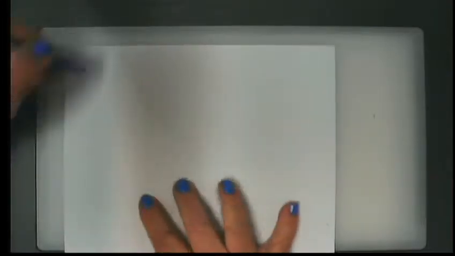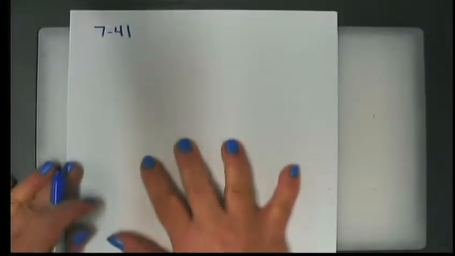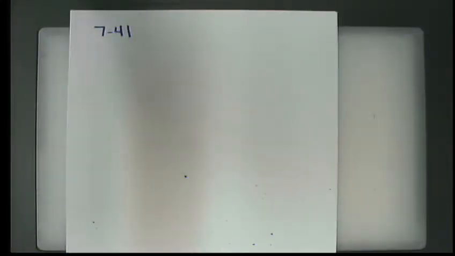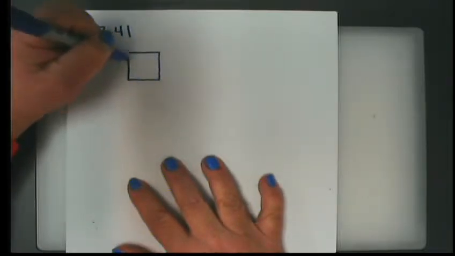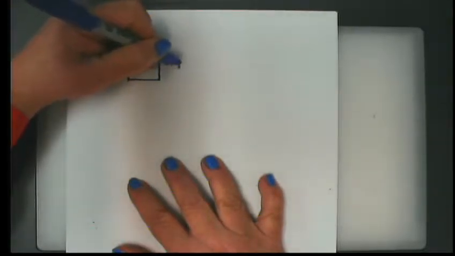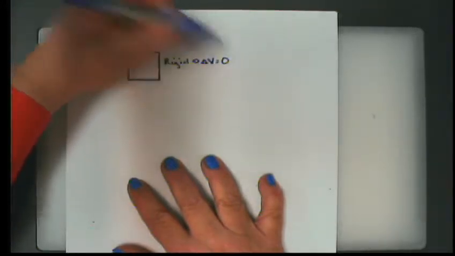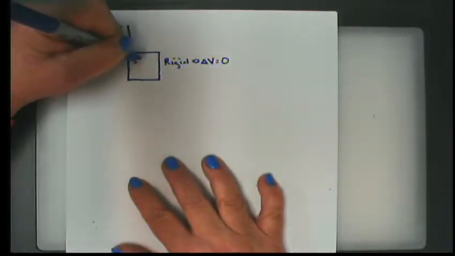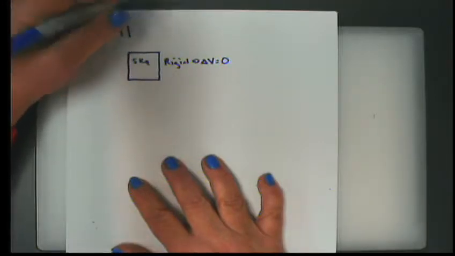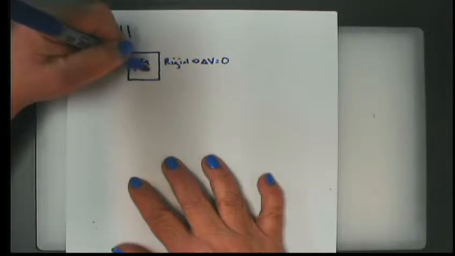Okay, let's look at problem 7-41. 7-41 says a rigid tank. Rigid is code for the volume does not change, right? A rigid tank contains 5 kilograms of saturated vapor steam at 100 degrees centigrade.